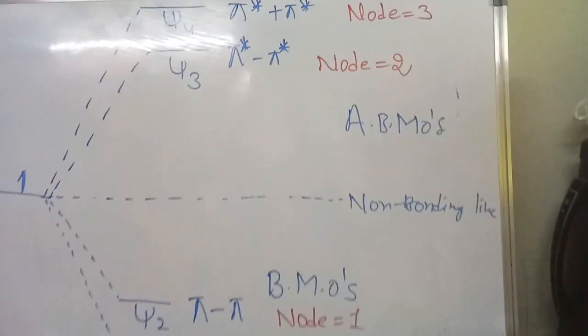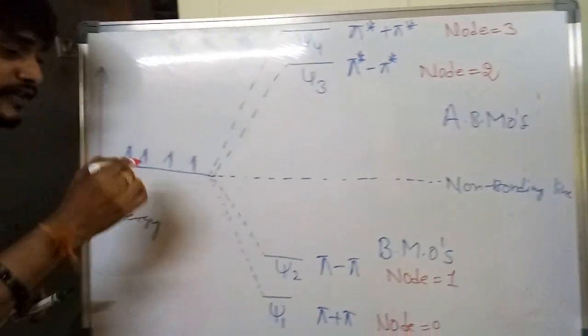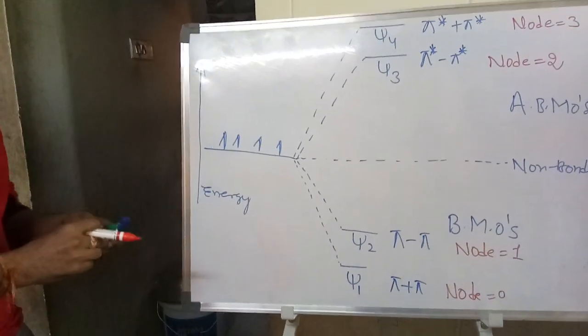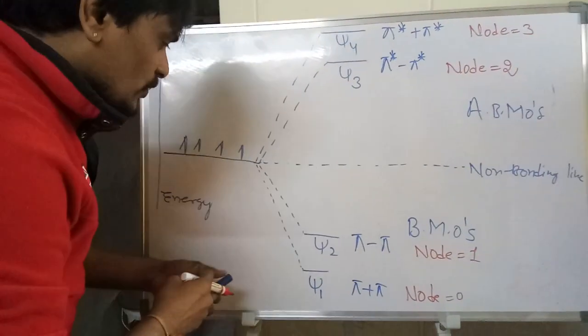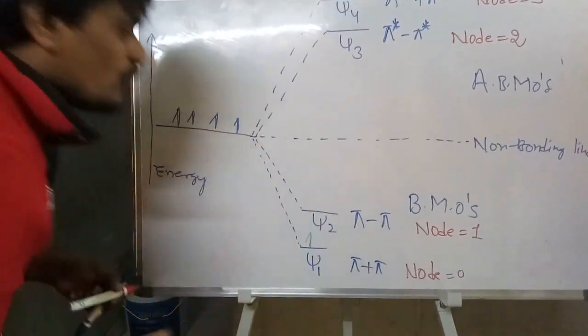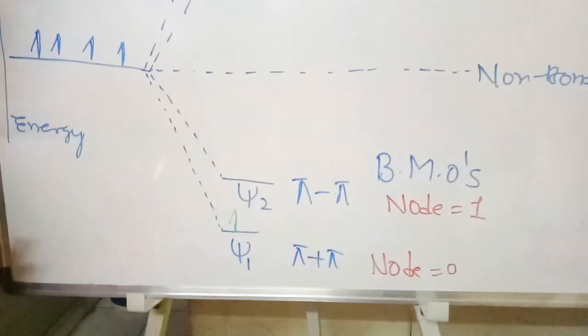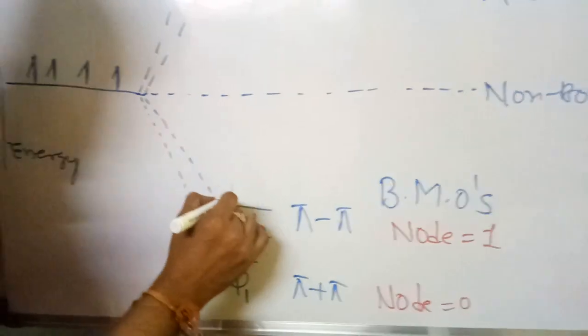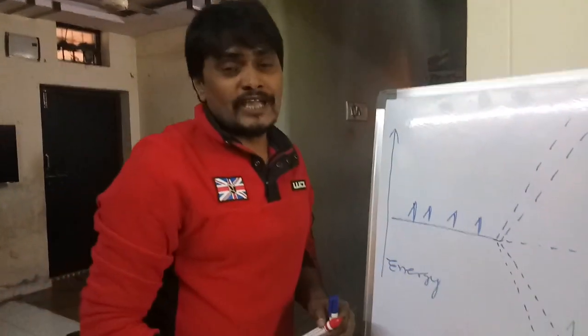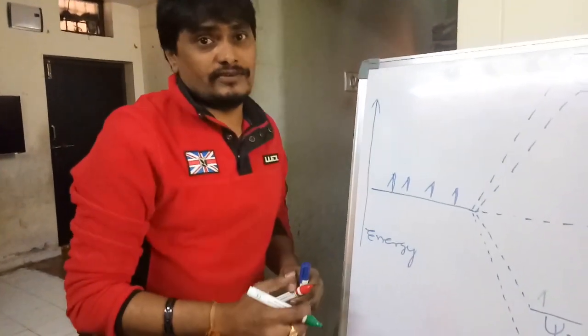Right. Now how many electrons are there? There are 4 electrons. Out of 4 electrons, 1 electron will enter into the first bonding molecular orbital, and the next electron will enter into the second molecular orbital. After that, according to which rule? This is according to Hund's rule, right?